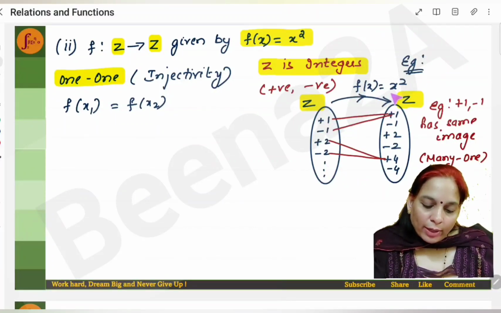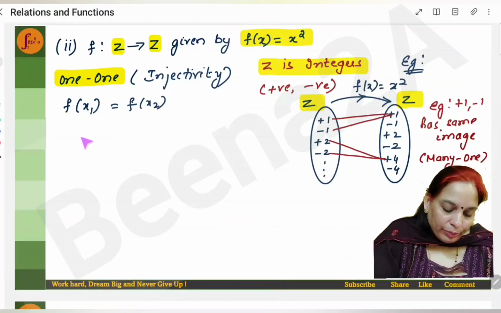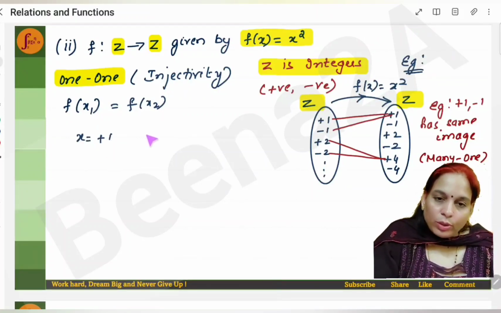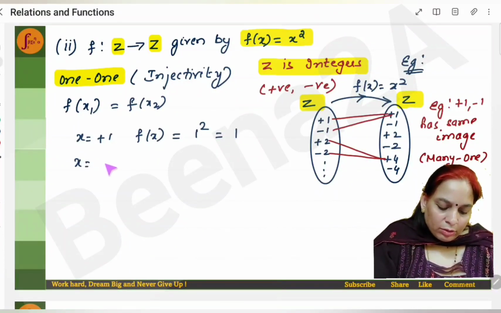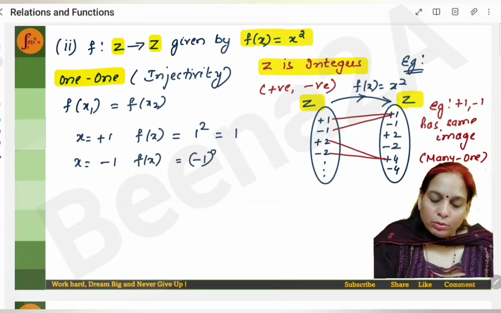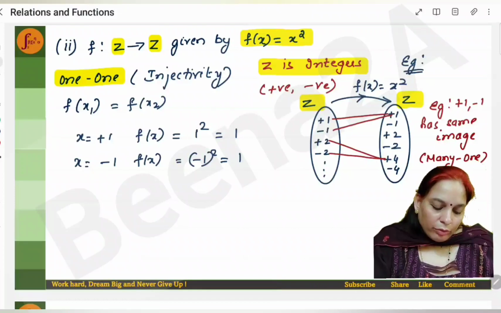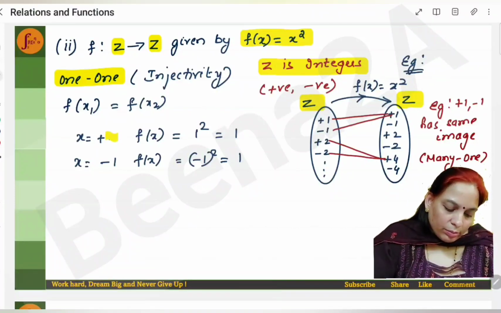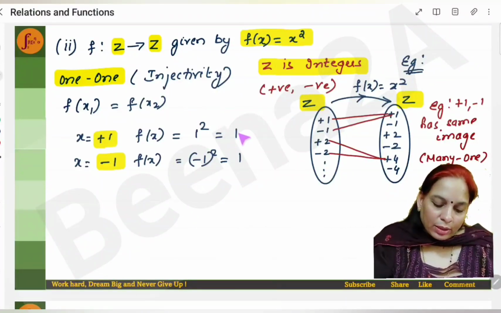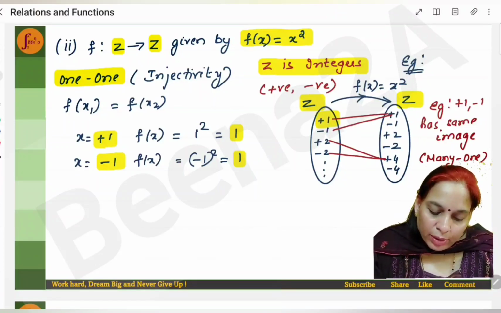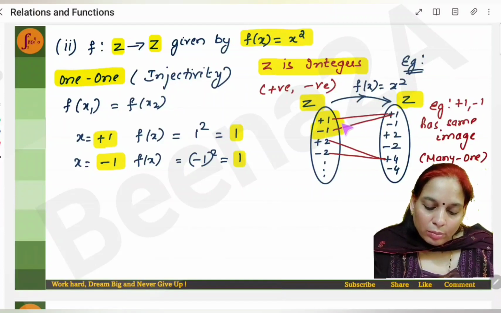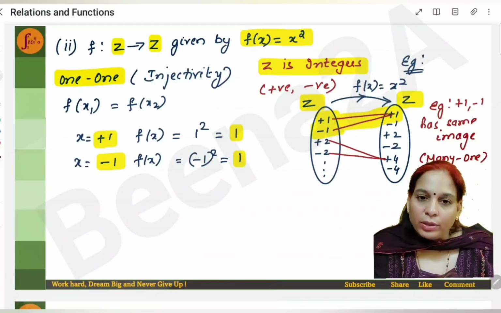Now when I take square, for example, if I take x is equal to plus 1, f of x would be 1 square, which is 1. If I take x is equal to minus 1, f of x would be minus 1 the whole square, which will be 1. Now you notice both plus 1 and minus 1 have the same image, which is 1. So plus 1 and minus 1 both are mapped to plus 1 here.